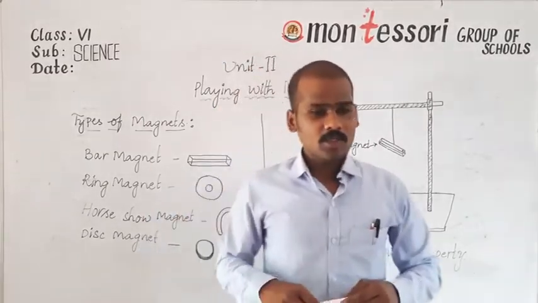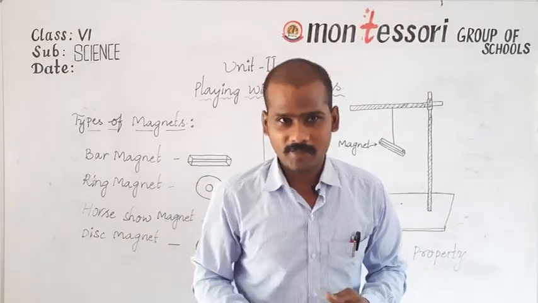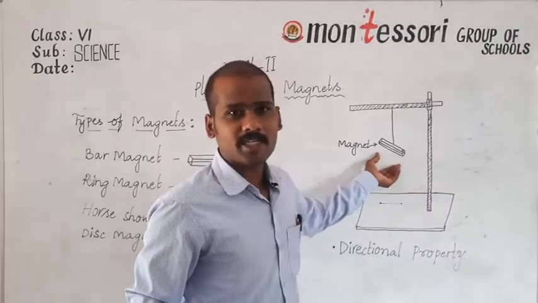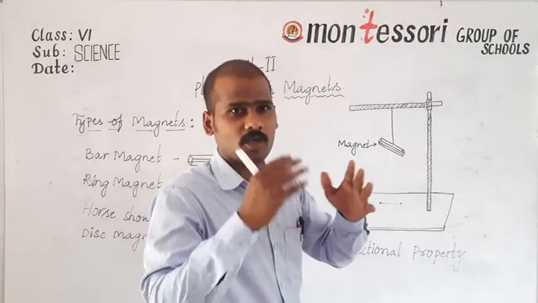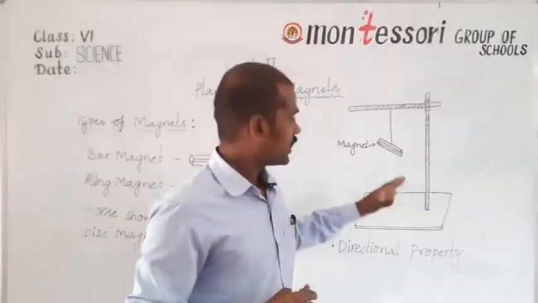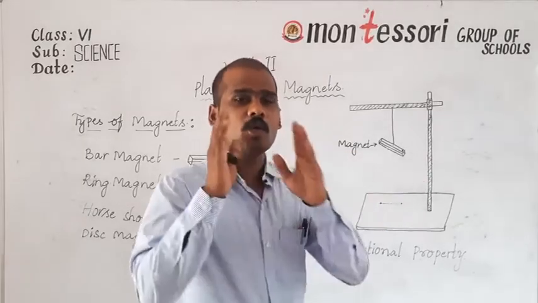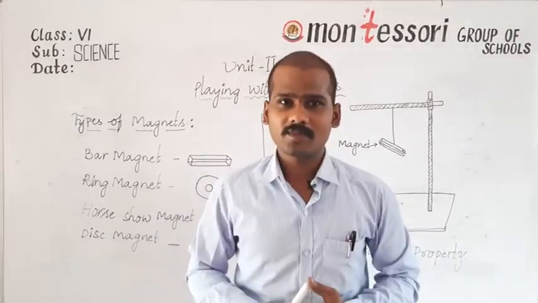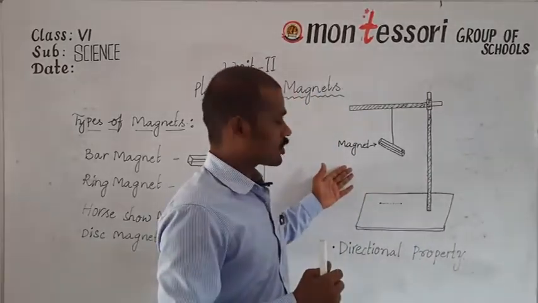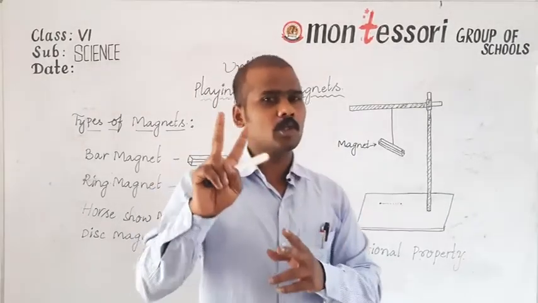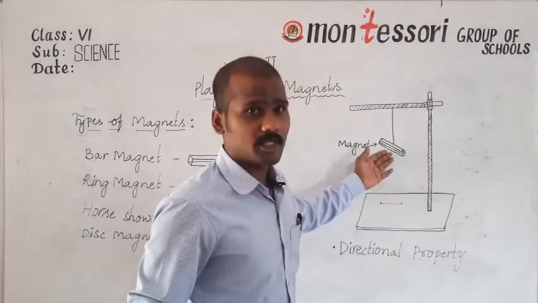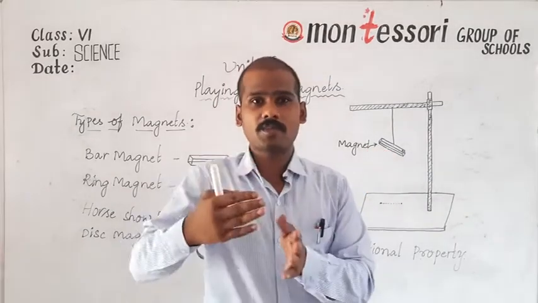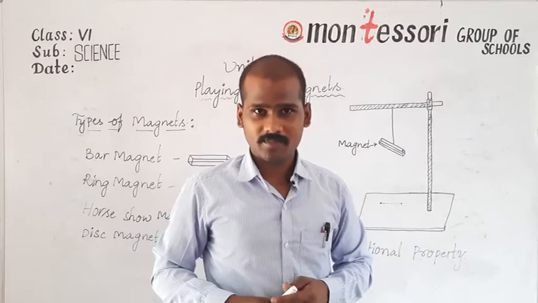That means a freely suspended magnet, when you freely suspend it in air without exerting any force or stopping it, will come to rest in only one particular direction. In this experiment we can observe mainly two things. One is that the magnet, when it comes to rest, always stops in one direction. Understand?